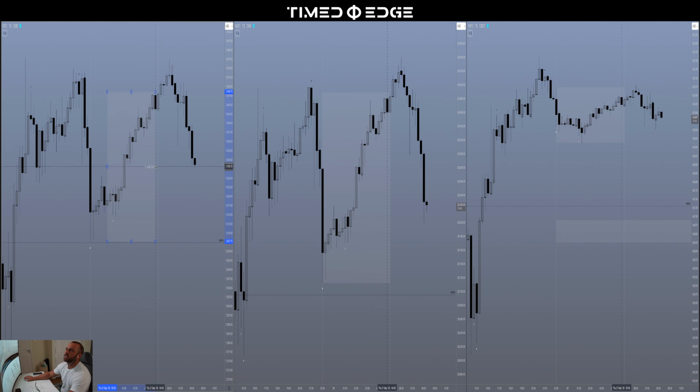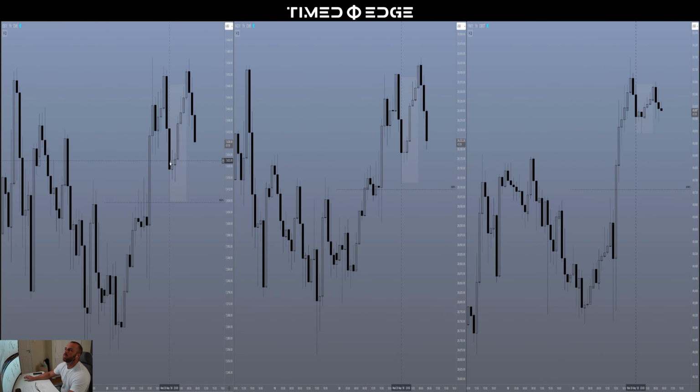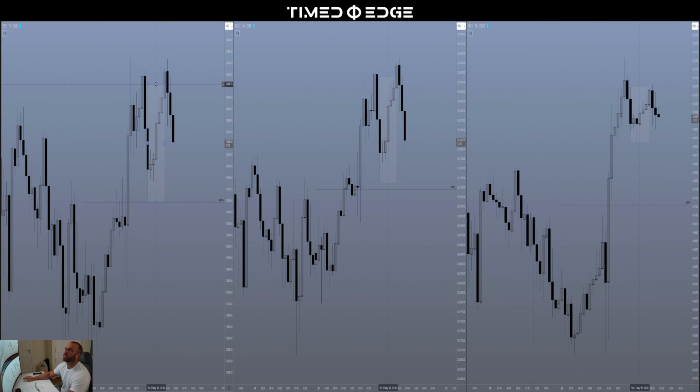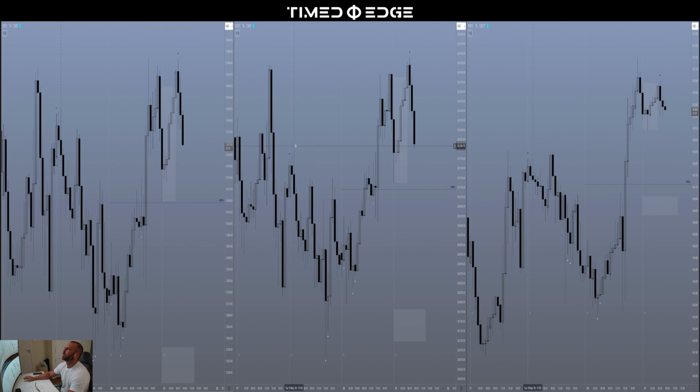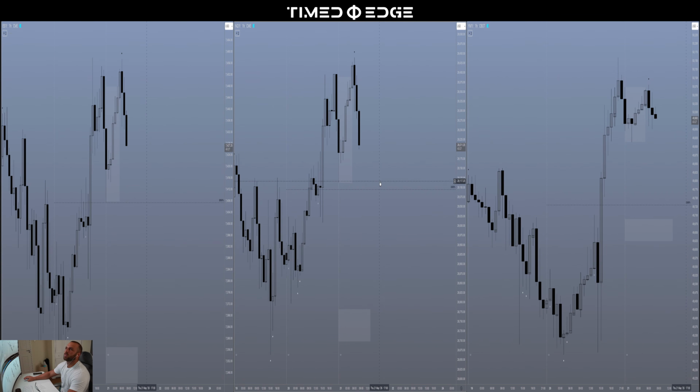If all assets are expanded above, then I'll be looking for continuations, especially as a bullish daily profile as well, but we haven't got that. Yeah, we've got a massive expansion in Asia.